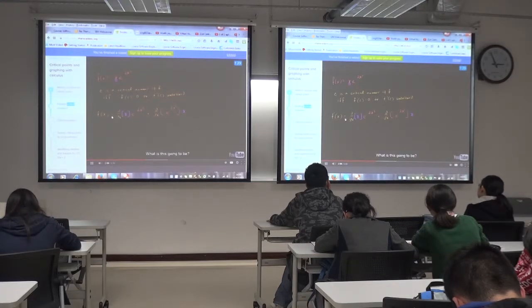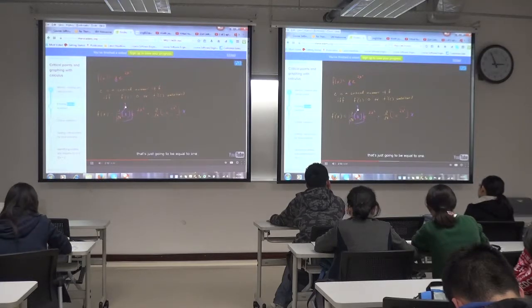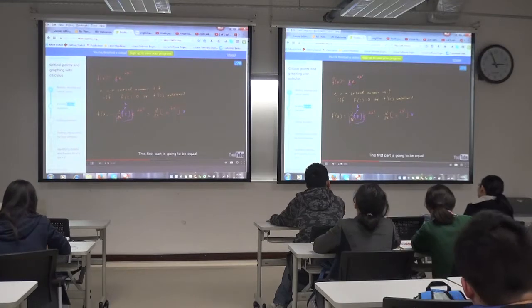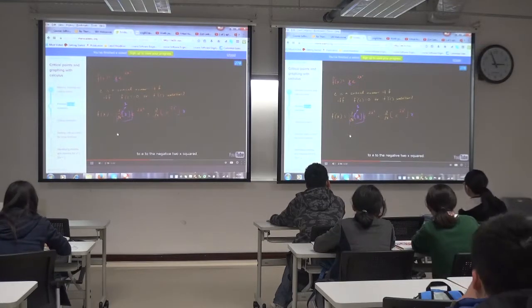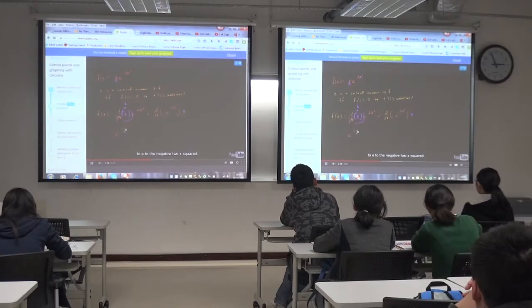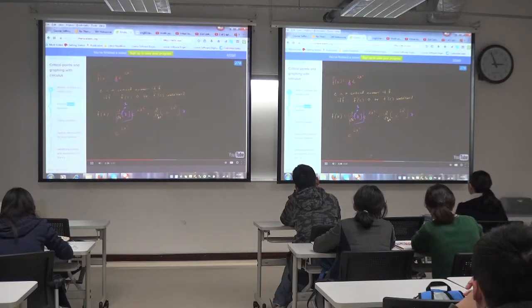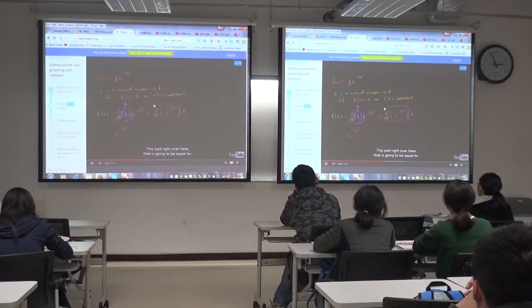So what is this going to be? Well, the derivative of x with respect to x, that's just going to be equal to 1. So this first part is going to be equal to e to the negative 2x squared. And now the derivative of e to the negative 2x squared, we just apply the chain rule.